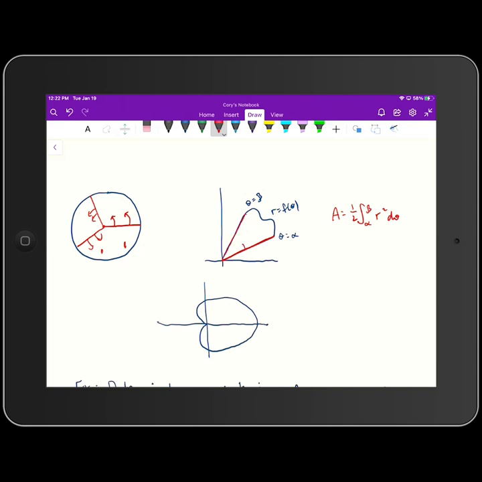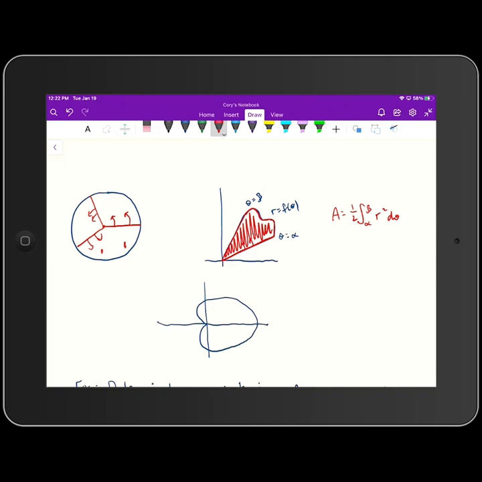Then as your angle moves, you're taking a look at what portion of that curve gets swept out, and the portion that gets swept out is that portion right there. That portion of the area is only enclosed by the graph r is equal to f of theta. For some later examples, we're going to take a look at what happens when area is enclosed by two graphs. But the examples that we've done thus far, the area has been enclosed by one graph.